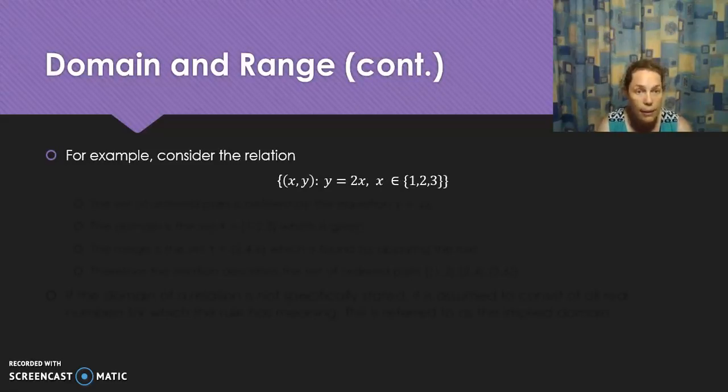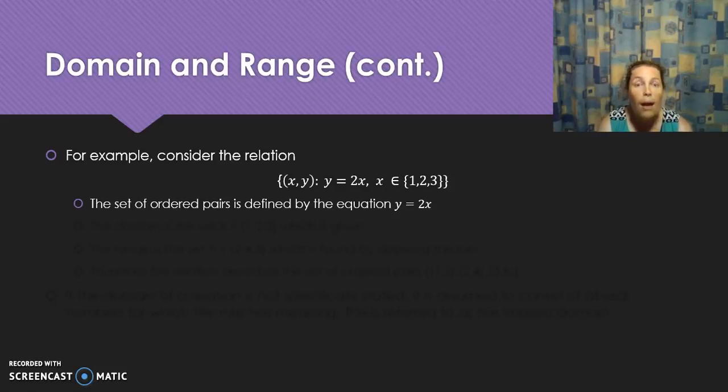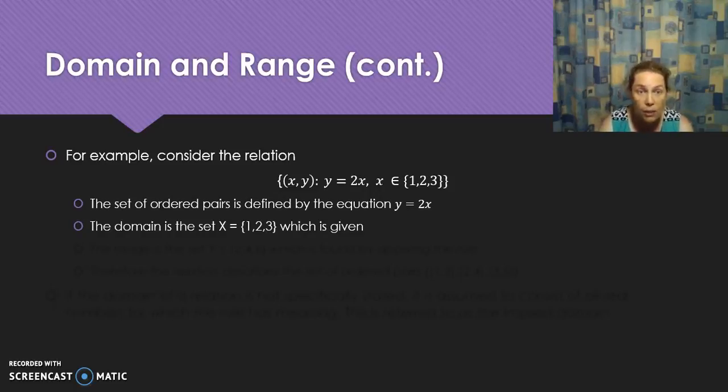Now, this example has a lot of language in it, the way it's written, but it's really easy to break up. What it's saying is the set of ordered pairs, which is x and y, is defined by the equation y equals 2x. But x, the domain, has been limited, because the domain is the set where x is an element of 1, 2, or 3, which is given.